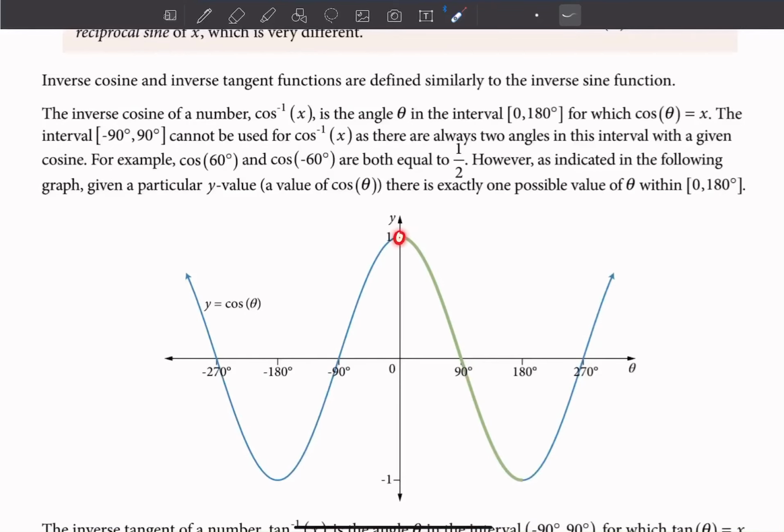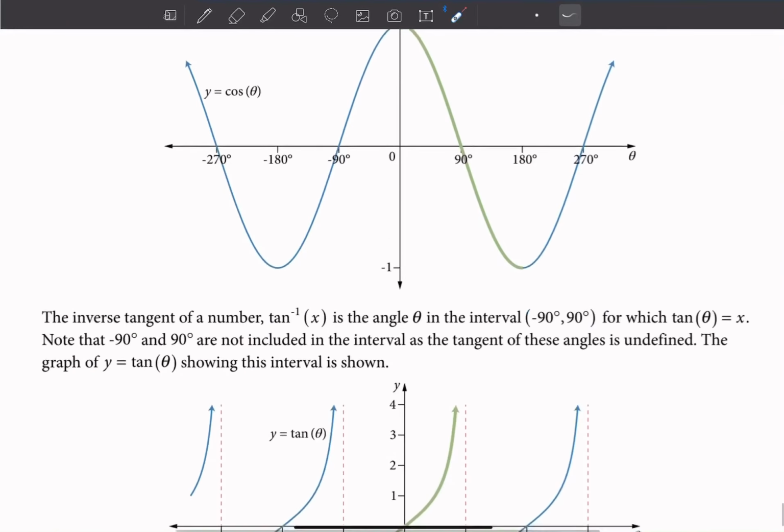But if you pick this starting point here, 0 degrees and 180 degrees, then you can see for every y value there is only one associated x value. So this is a function. That's why when we're dealing with the inverse cosine, we are looking at the interval between 0 degrees and 180 degrees. So there's our reasoning for it, and that makes sense.